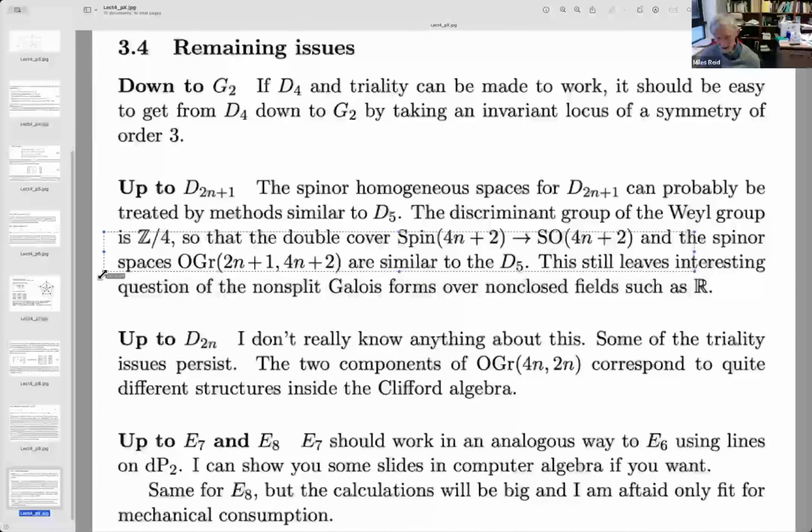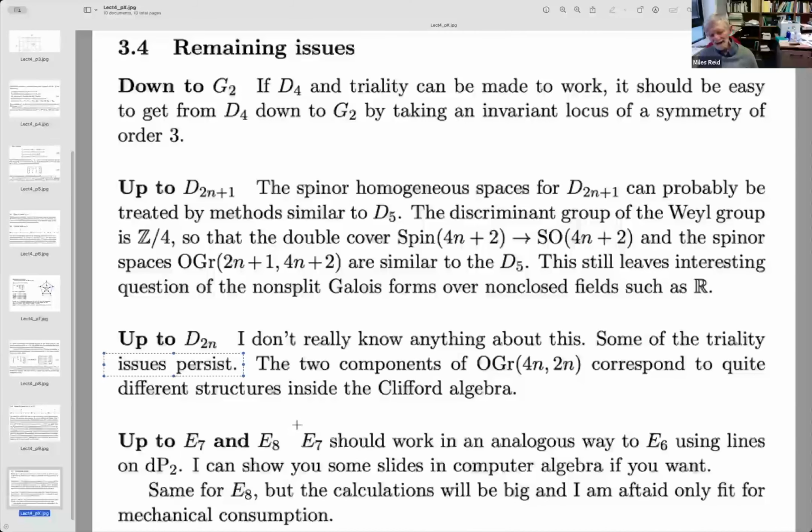So there are some triality issues that persist. It's not the threefold symmetry aspect, but the aspect that the 2 direct summands of the Clifford algebra cannot be written in the same form in the same coordinate system.